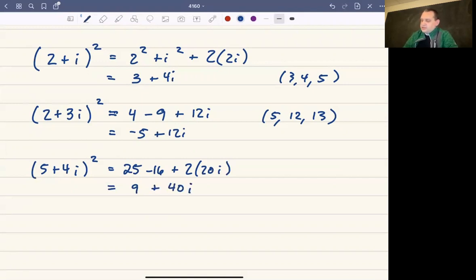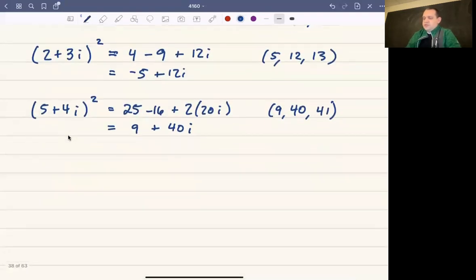And then let's just check. This is not a Pythagorean triple that I've ever seen before. Not that I know many of them. But let's see what's the square root of 9 squared plus 40 squared. And it happens to be 41. That's amazing. So that's cool. So it turns out 9, 40, 41 is a Pythagorean triple.